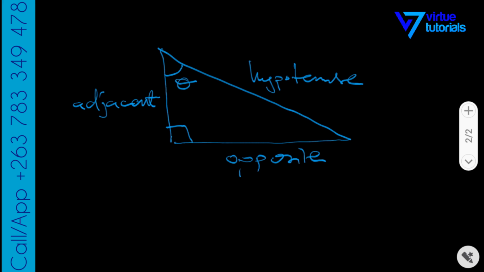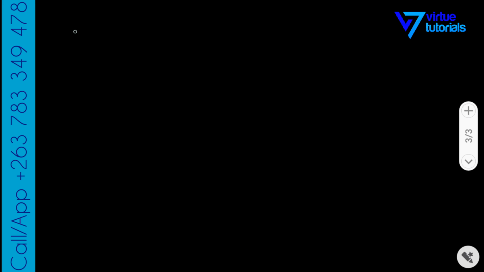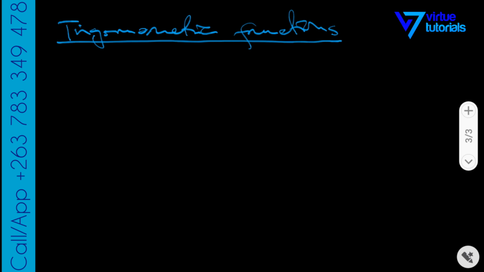Okay, now let's proceed to what we call trigonometric functions. So what is a trigonometric function? A trigonometric function forms a relationship between the angle and the sides of a right-angled triangle.